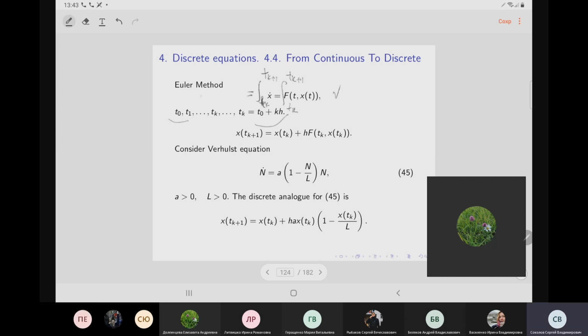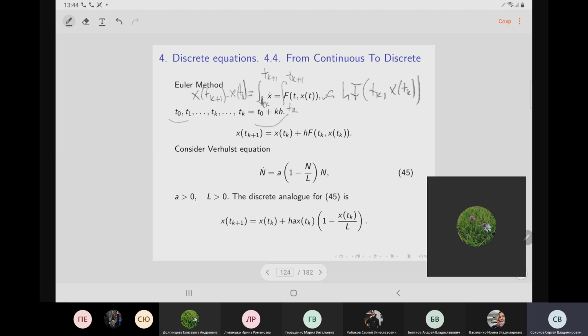So to the left, it is x of tk plus 1 minus x of tk, and to the right we can approximate our integral in right hand side as h, that is the difference between tk plus 1 and tk, multiplied by f of tk, x of tk.